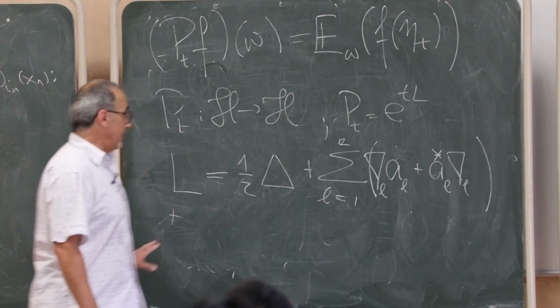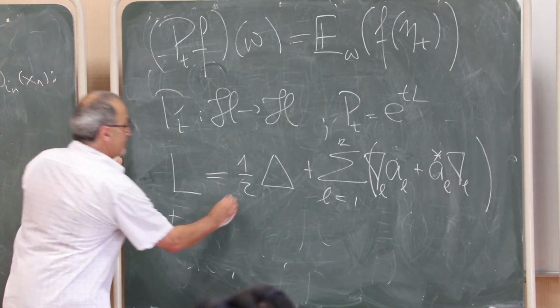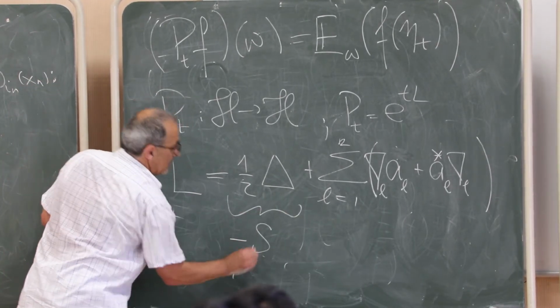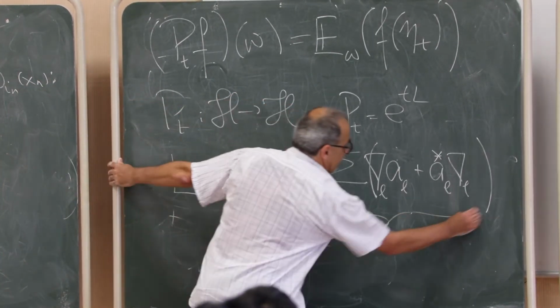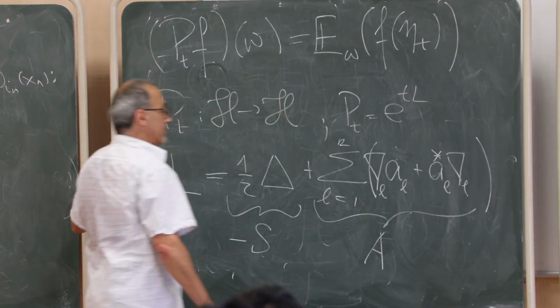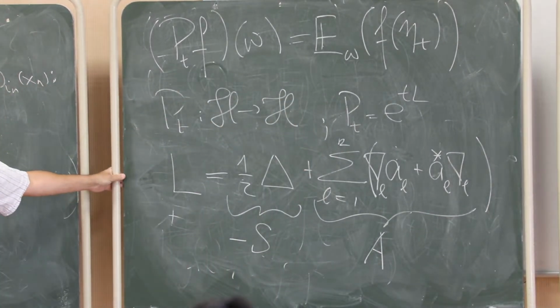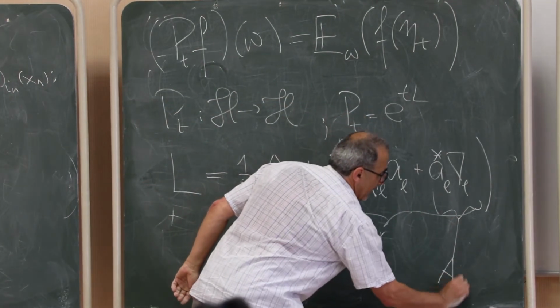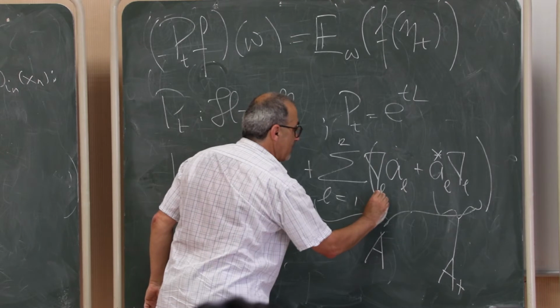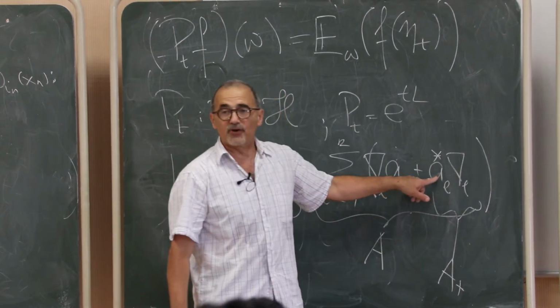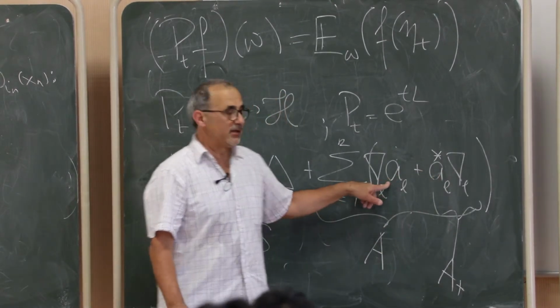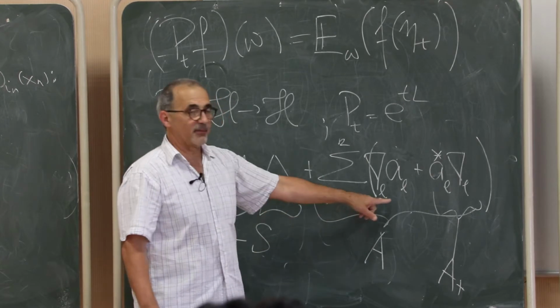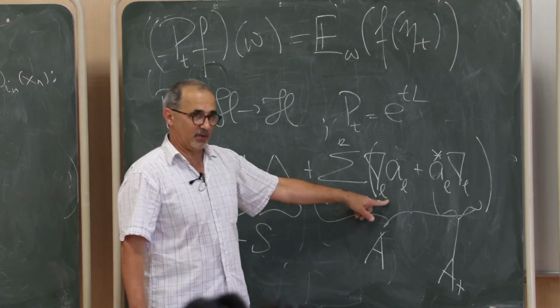Now, these are very concrete objects. This will be the symmetric part, and this will be the anti-symmetric part. Easy to check. And let me call this guy A plus, and this guy A minus, because this raises from H_n to H_{n+1}. This lowers from H_n to H_{n-1}, right?